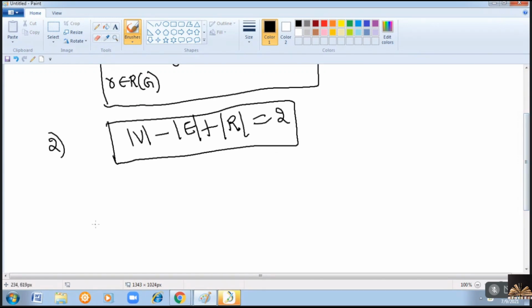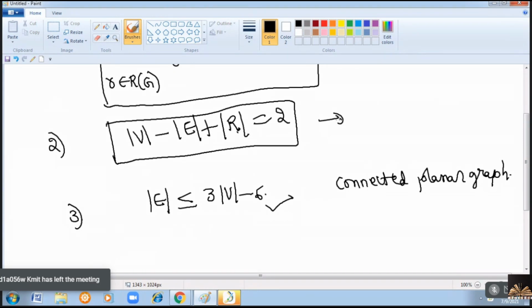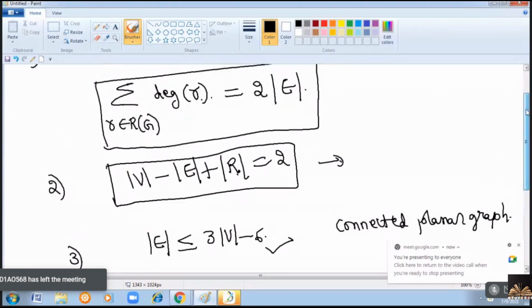Along with these two, one more: if G is any simple connected planar graph, then E is less than or equal to 3V minus 6. This is the condition to be satisfied for a connected planar graph. If regions are not given, then you can use this. If the regions are given, then you can use the other formula. Is it clear now? Please take down these three formulas, make it fast.